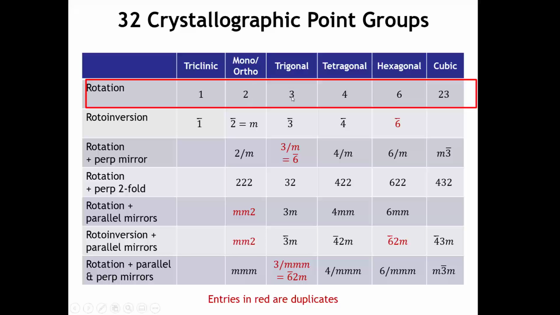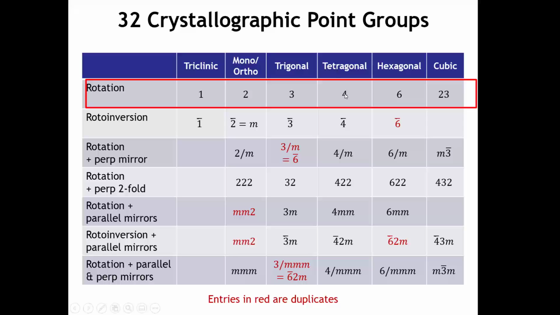We could have a threefold rotation axis. That would make the crystal system trigonal. We haven't encountered trigonal yet, but a trigonal crystal system is one where the highest order rotation axis is a threefold axis, and there's only threefold axes in one direction.